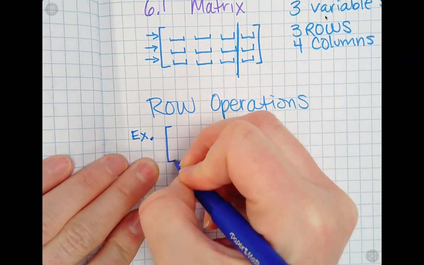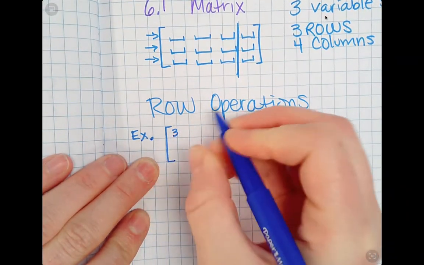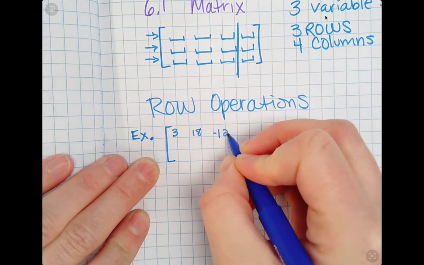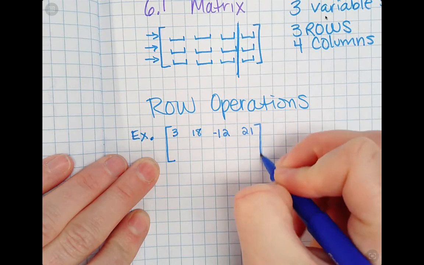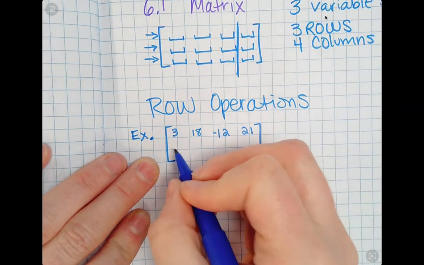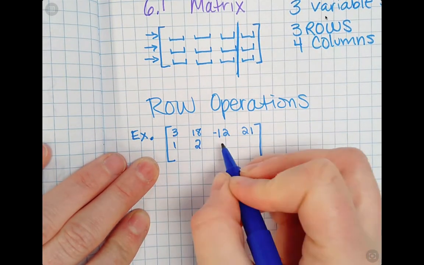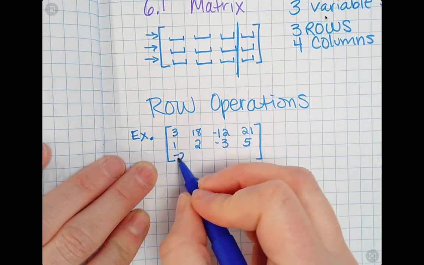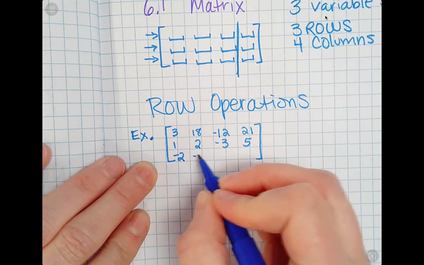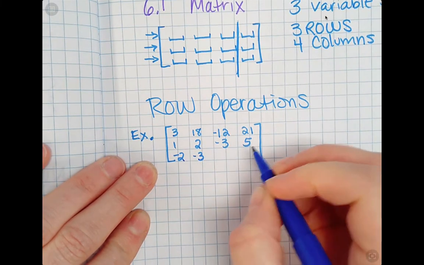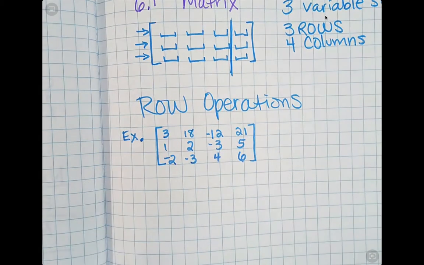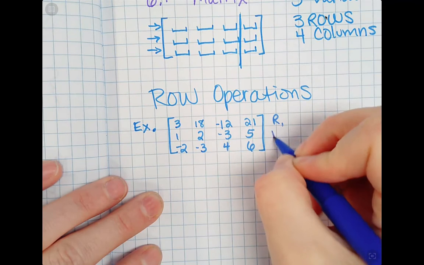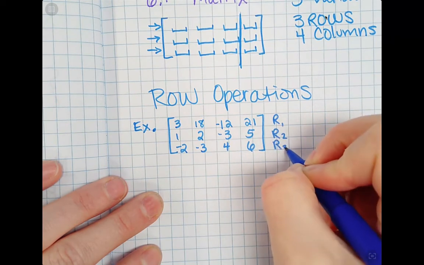It's going to be 3, 18, -12, and 21. And then 1, 2, -3, 5. -2, -3, 4, and 6.